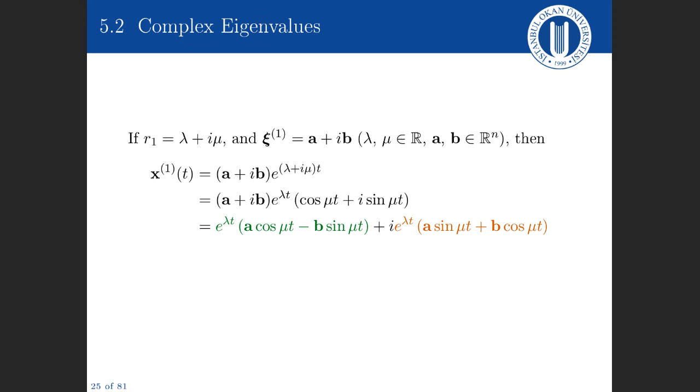We can rearrange it like this: e to the lambda t (a cos mu t minus b sine mu t), that's all of the real parts, plus i e to the lambda t (a sine mu t plus b cos mu t). In orange, we have all of the complex parts. And these functions, the green function and the orange function, are the ones we want. I'm going to call these u and v.